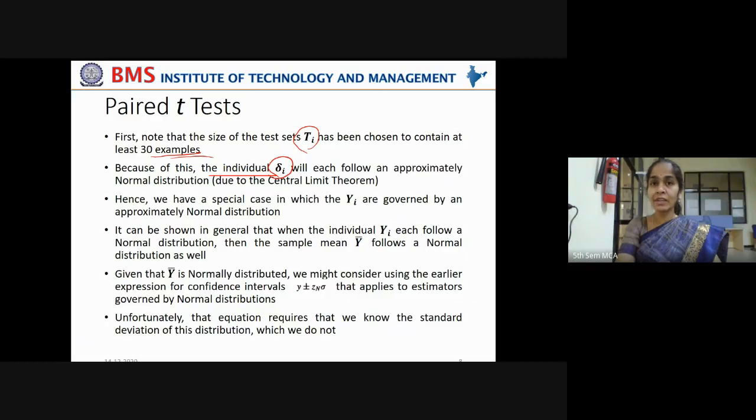Okay. Now because of this, the individual delta I, that is the difference in the errors of the learning algorithms, will each follow an approximately normal distribution due to the central limit theorem. Whenever you have a sufficiently large sample, the errors may follow the central limit theorem, indicating that most of these errors fall within the moderate range around the mean of the normal distribution.